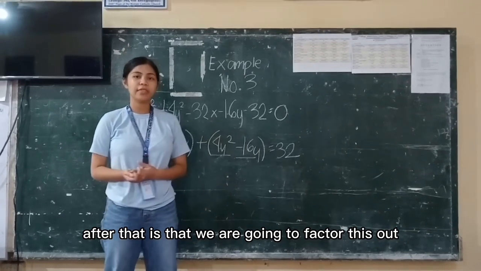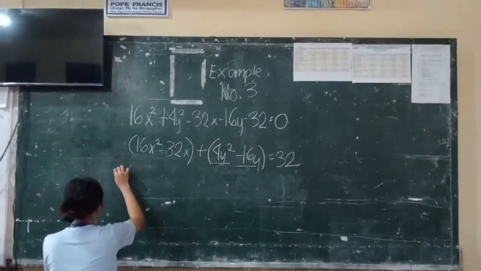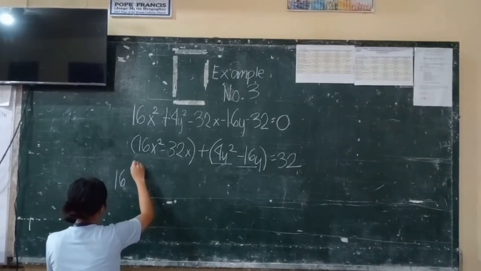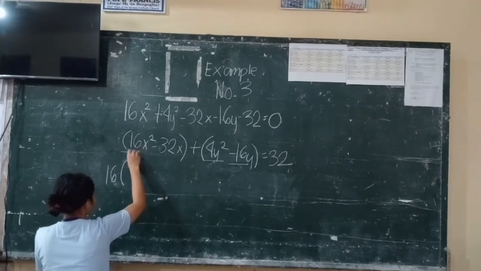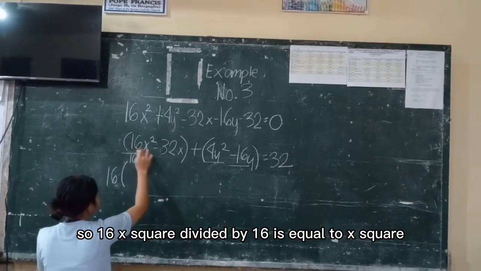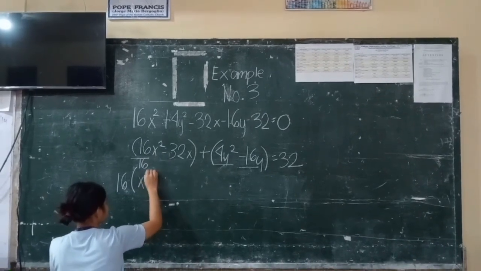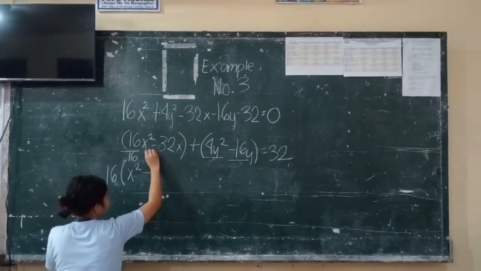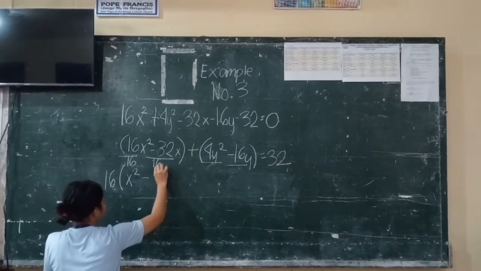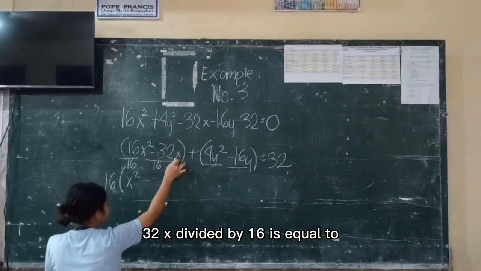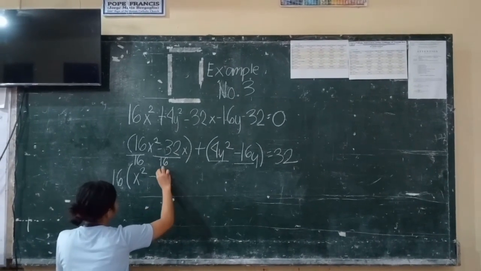After that, we're going to factor this out. So, we're going to divide by itself. 16x squared divided by 16 is equal to x squared. Copy the sign. We're going to divide it as well on the other side. 32x divided by 16 is equal to 2x.